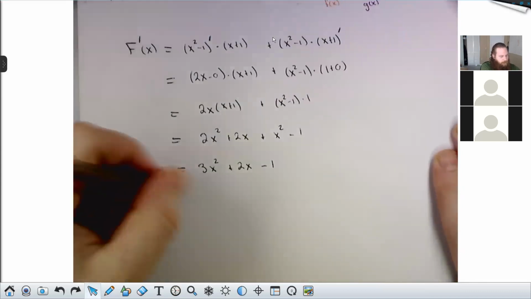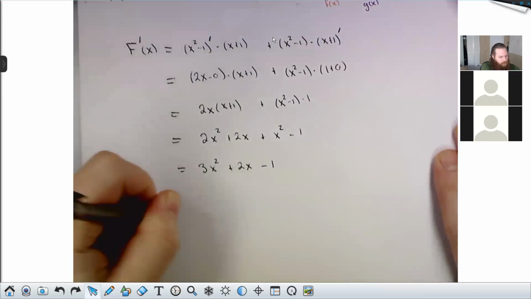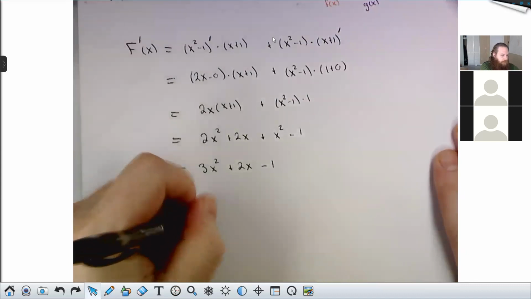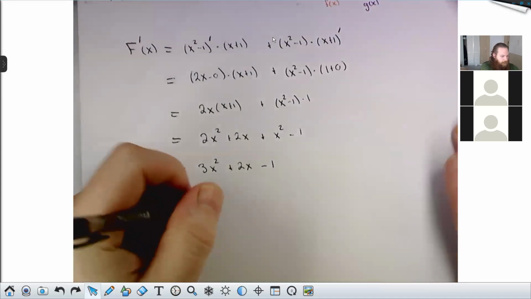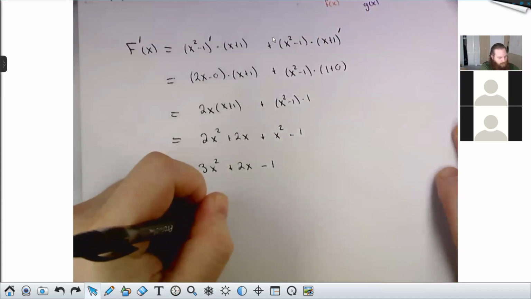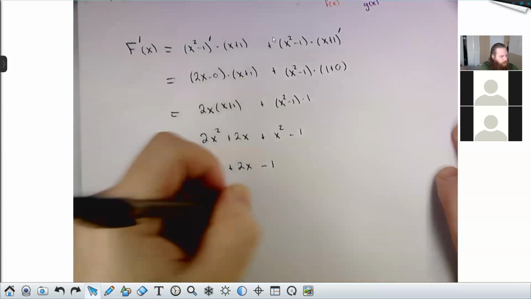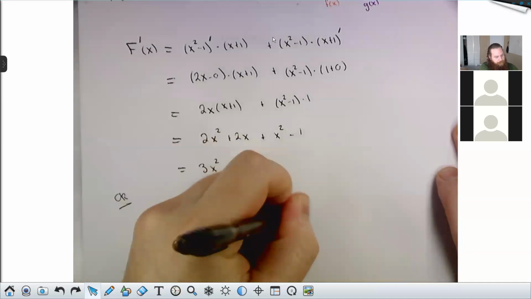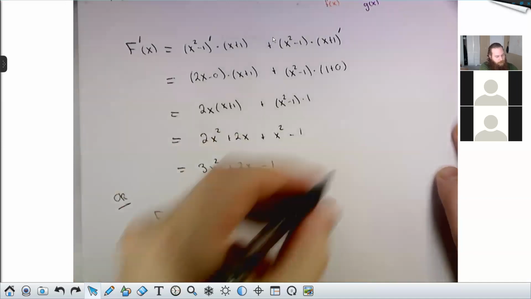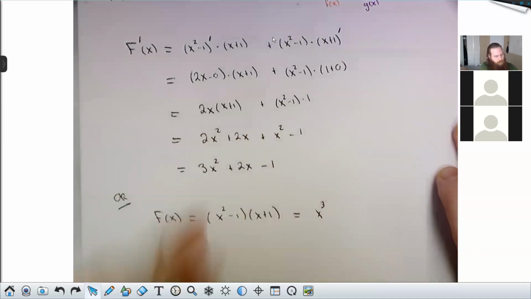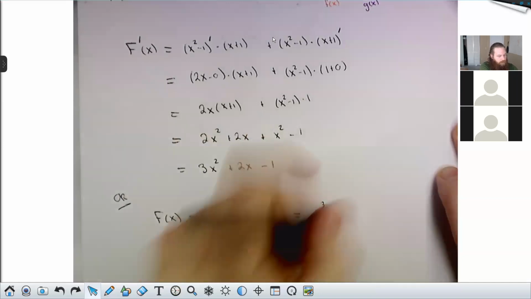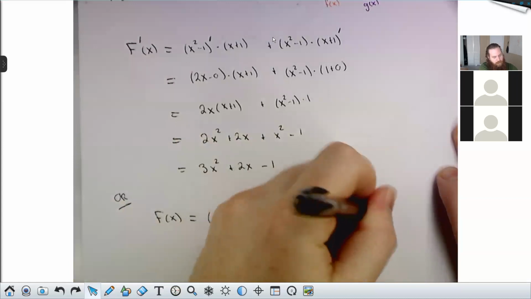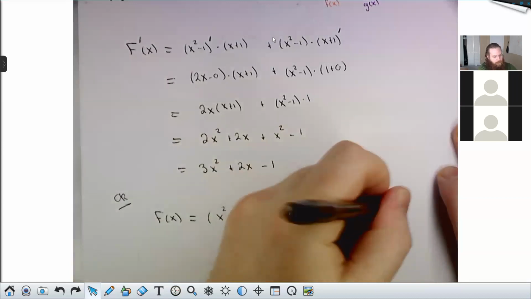So compare the amount of work that took to doing some algebra with capital F at the start. If I FOIL that out, x squared minus 1 times x plus 1, I'll have x cubed plus x squared minus x minus 1.